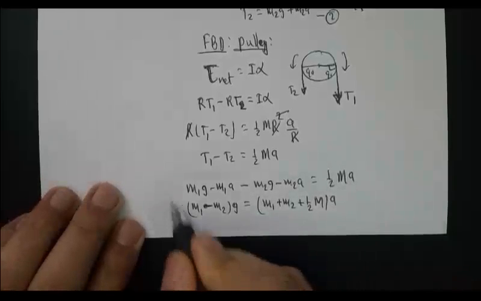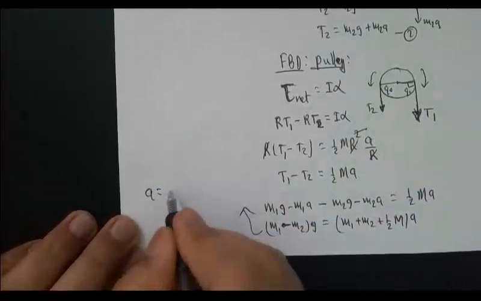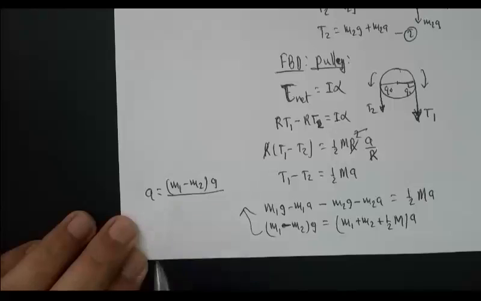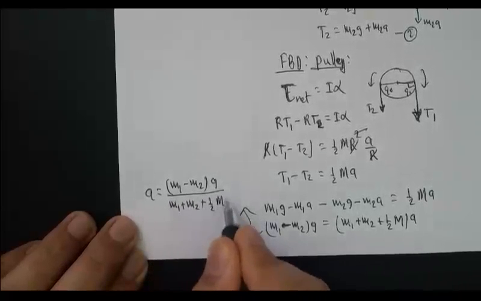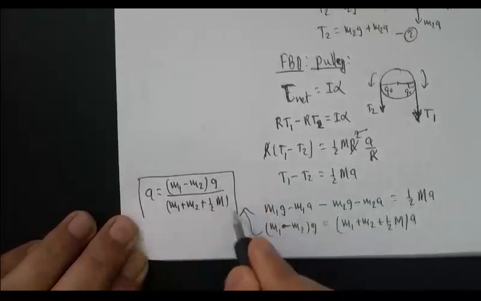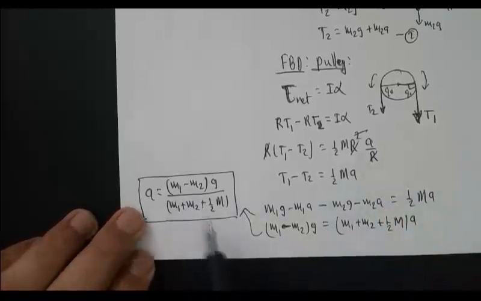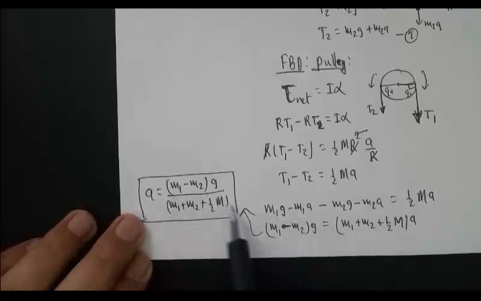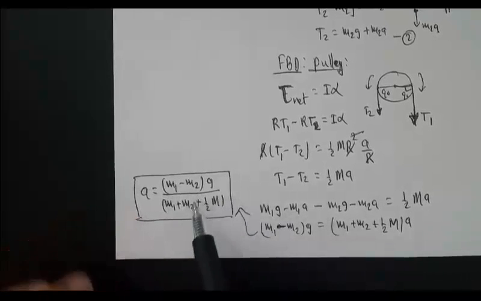Finally, the acceleration of the system is M1 minus M2 times G divided by M1 plus M2 plus 1/2 M. So that's your final expression, the formula for acceleration. Since all the masses are given numerically, you can just put in the masses and find the actual numerical value.